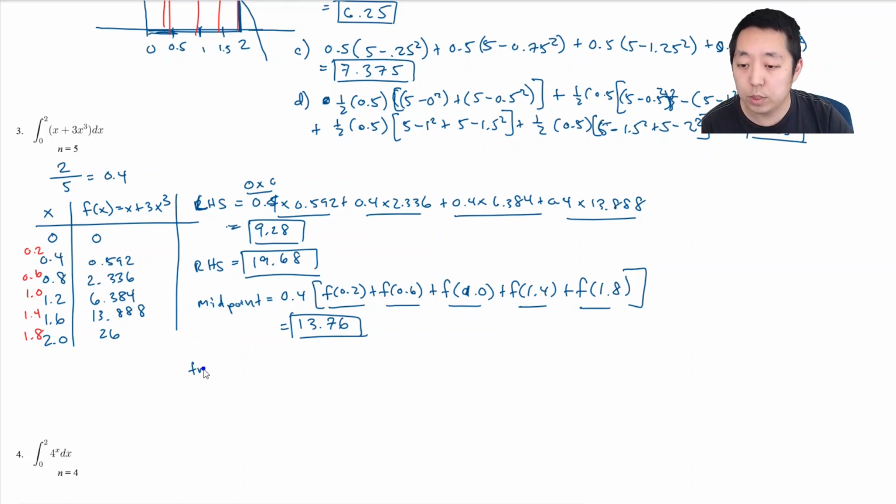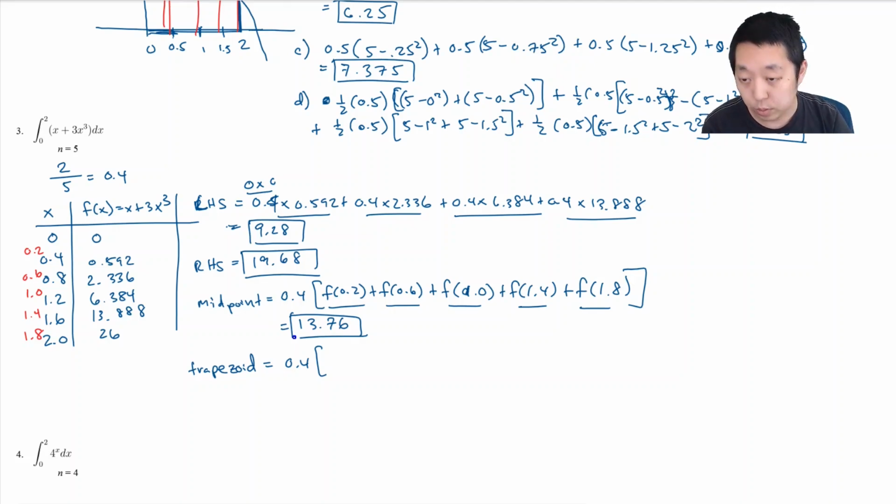And then finally trapezoid, I average each of these two and then multiply by 0.4. I average this value, multiply by 0.4. I average the two y values. Those are the two bases, right, for the trapezoid.